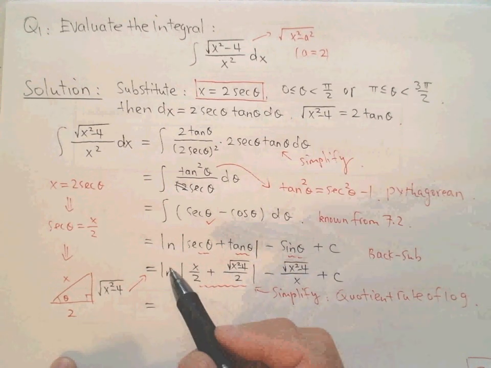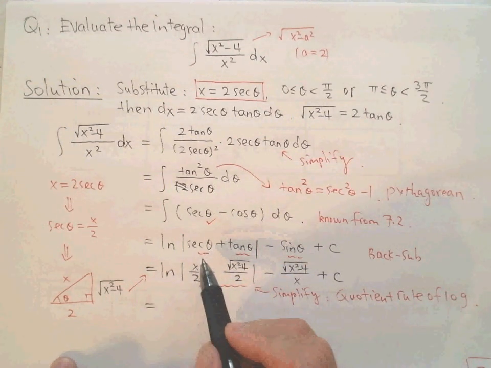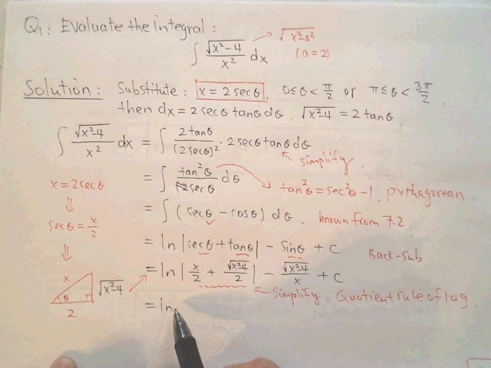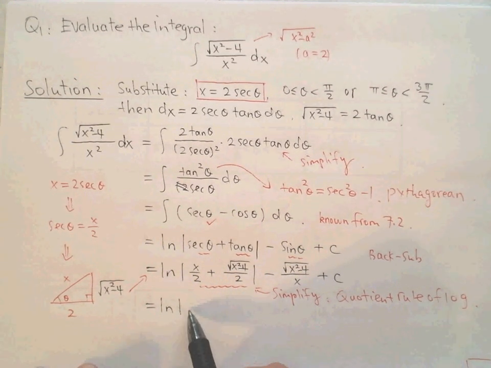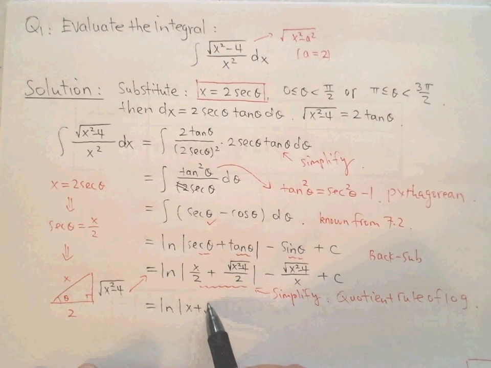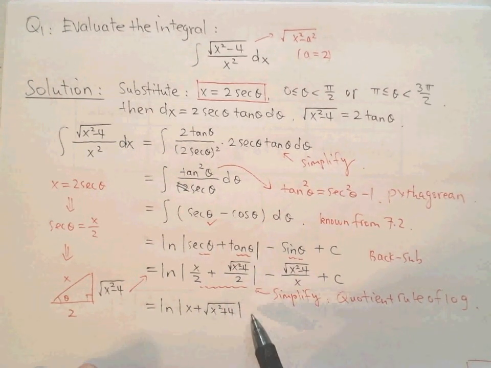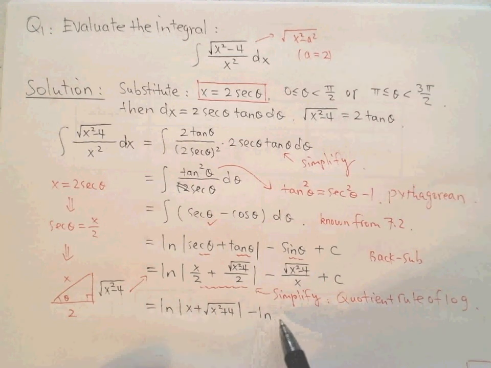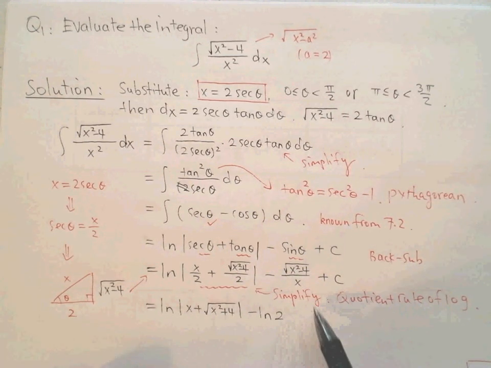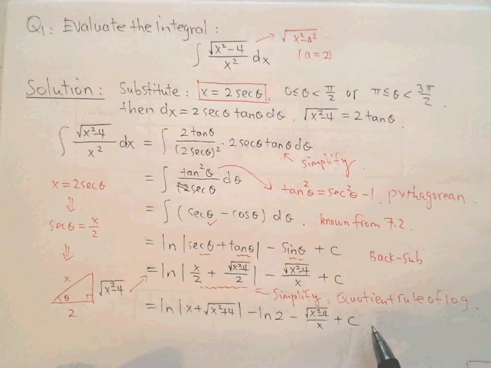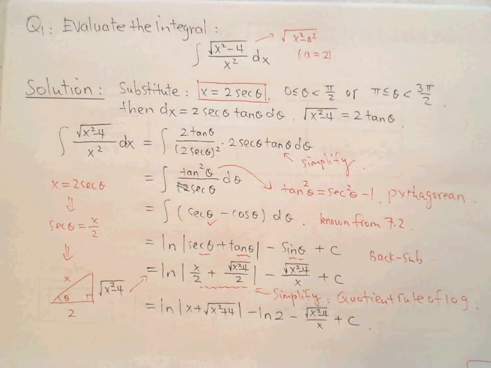After compounding the fraction, you use the quotient rule, which means ln of the top minus ln of the bottom. So it is ln of the numerator, x plus square root of x squared minus 4, minus ln of the bottom, which is 2, and then minus square root of x squared minus 4 over x plus c.